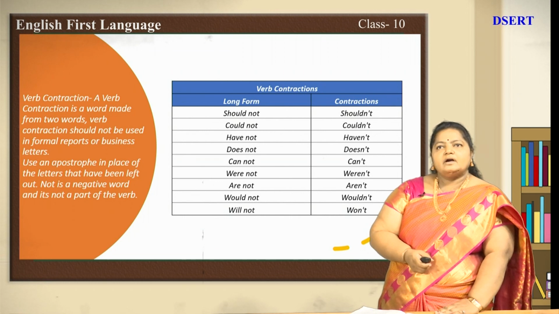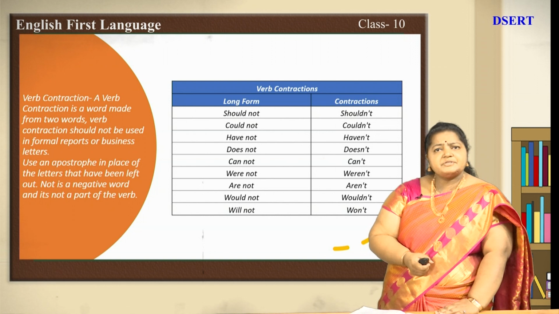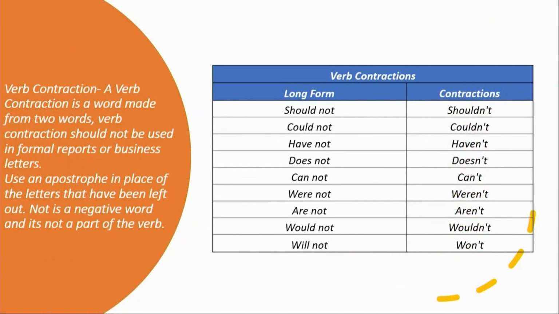So, contractions. Have you heard about verb contractions? Yes, verb contractions, very important. A verb contraction is a word made from two words. You have come across them in your daily life while conversing with somebody.